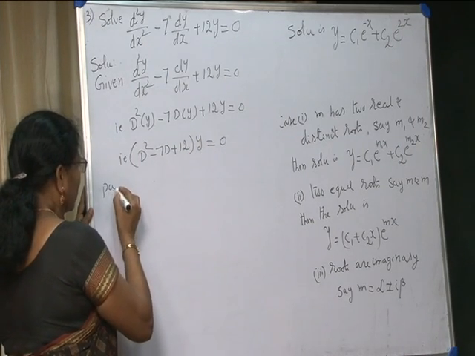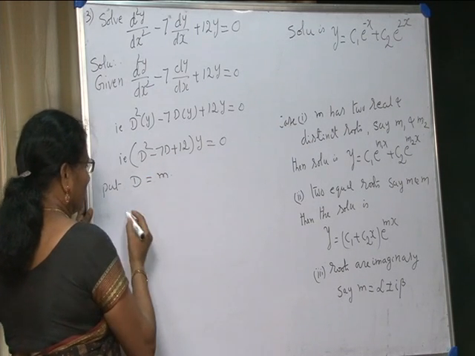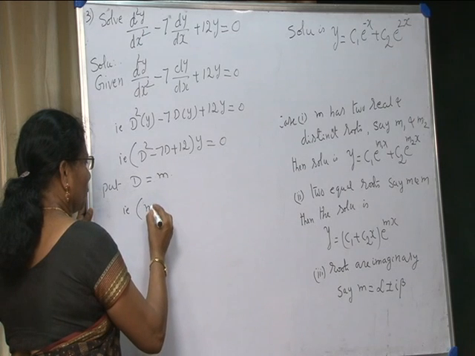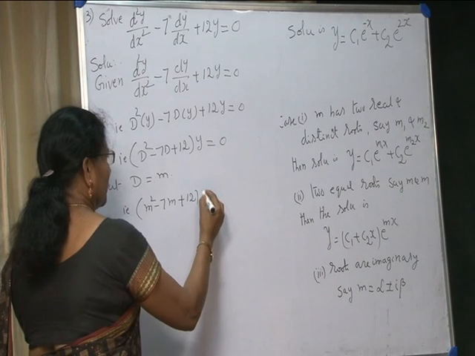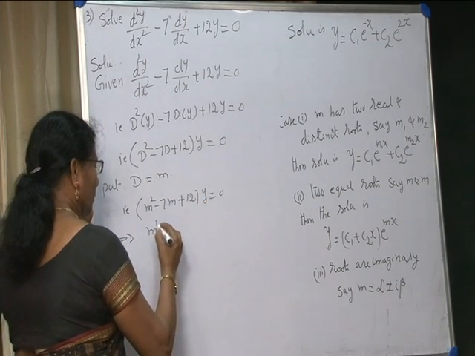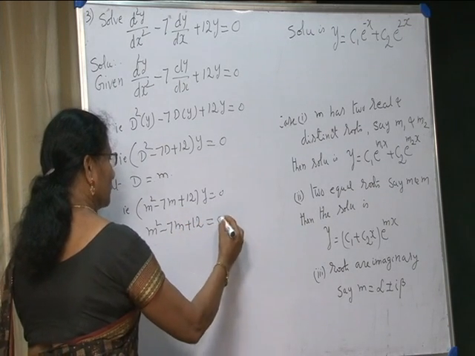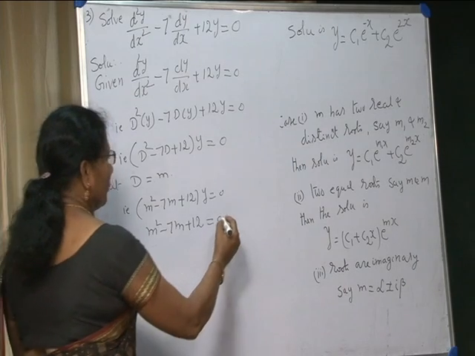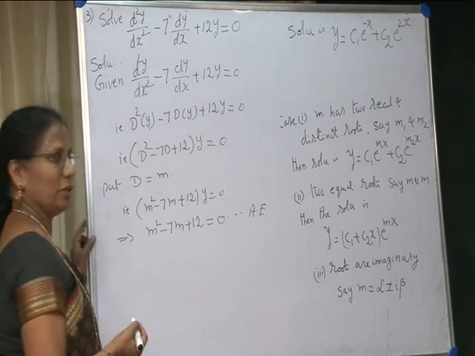Put d is equal to m, that implies m squared minus 7m plus 12 equal to 0. This is called the auxiliary equation.